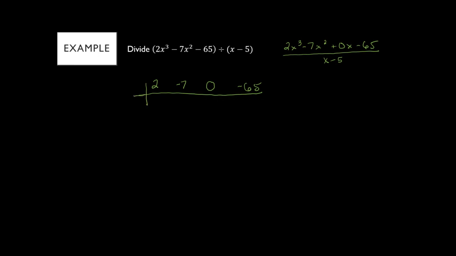If I have x minus 5, I'm going to use 5 in my synthetic division because I'm using the number that makes it 0. 5 minus 5 would be 0. So this is how you set up this problem. You have to put in a 0, otherwise it doesn't work. Then you've got the number that you're dividing out, in this case 5. And then that first number I have drops down so that I have that 2.